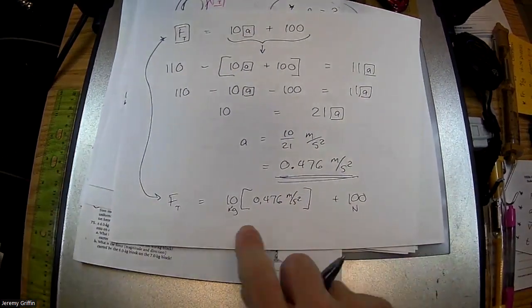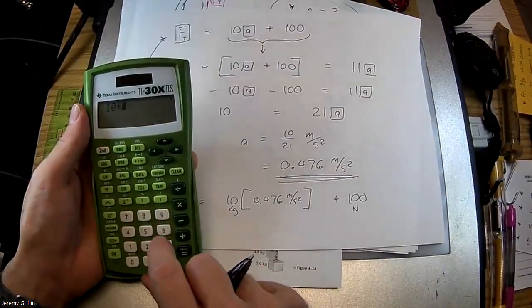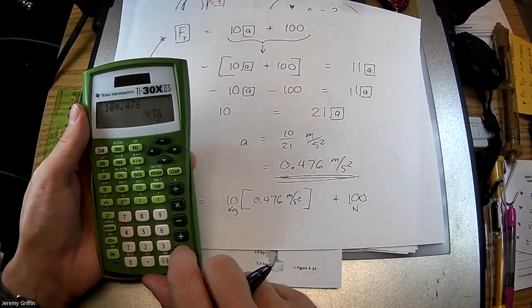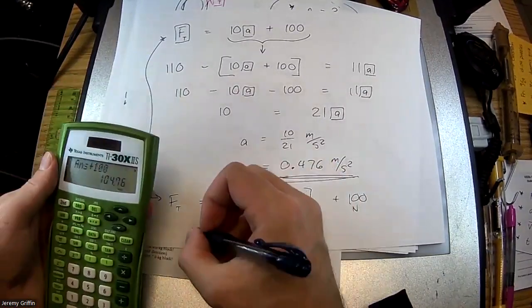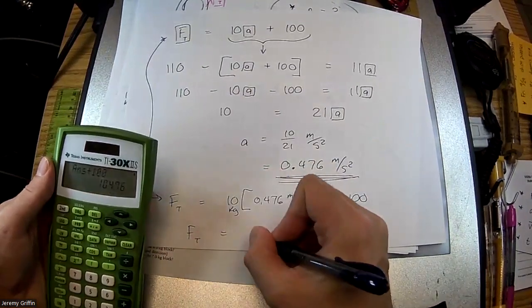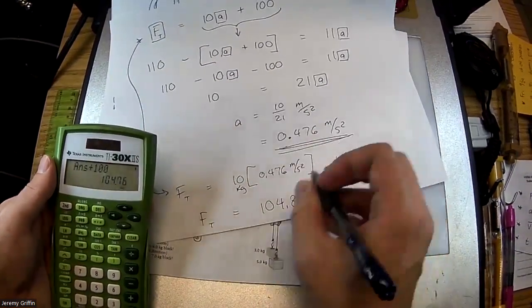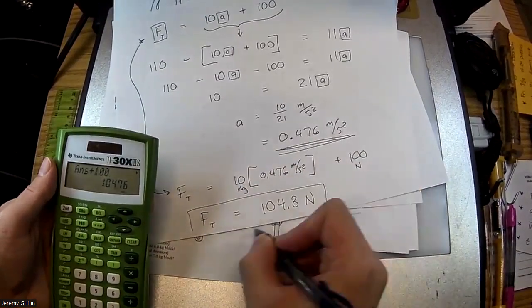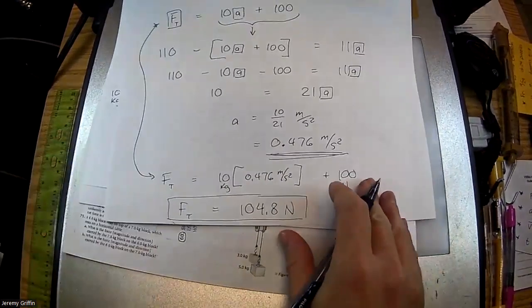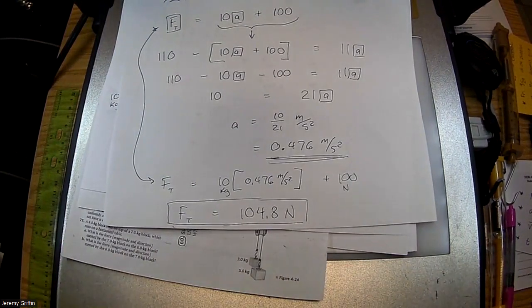Let's see what that is. What's 10 times 0.476 plus 100? So the tension force is 104.8 newtons. Hey, remember I was guessing it was going to be about 104 newtons? Pretty dang close. That makes sense.